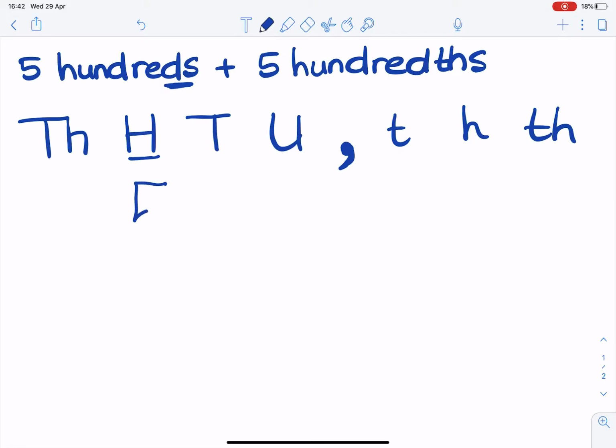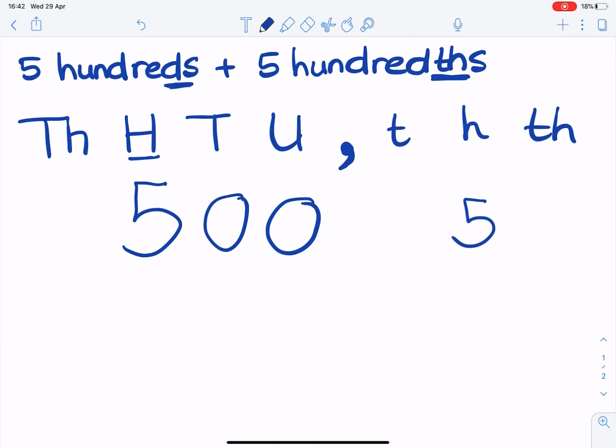So 500 looks like that. 5 hundredths is a fraction, so it must go in the hundredths column. Replace the empty space with a 0, and your number is 500,05.